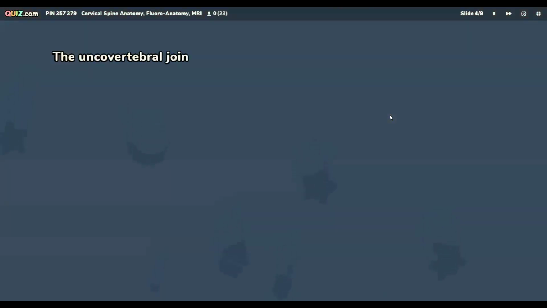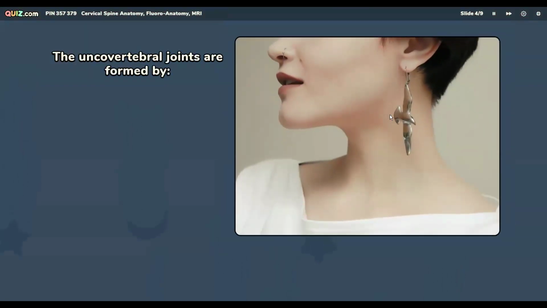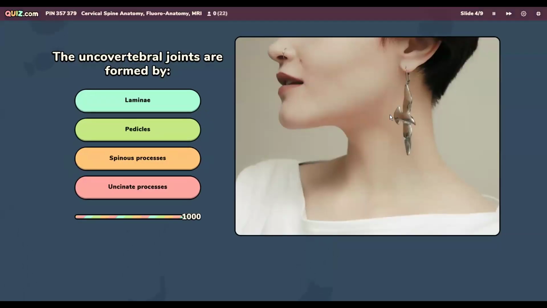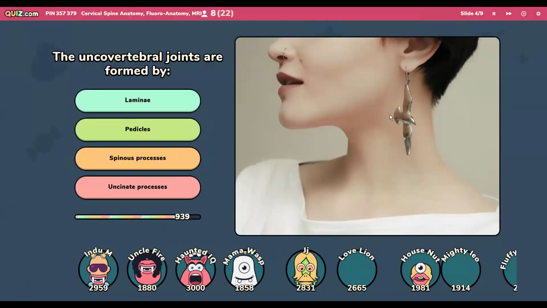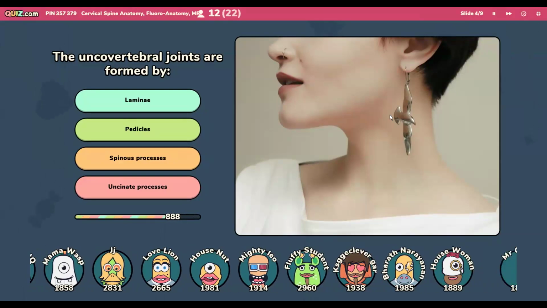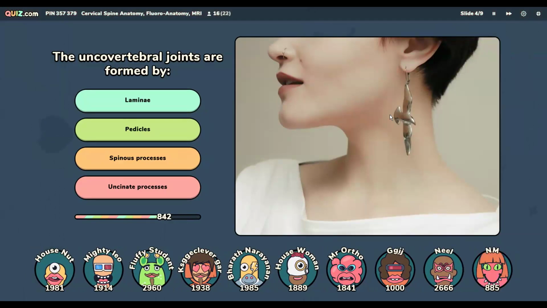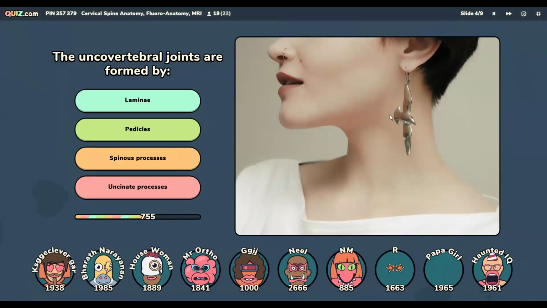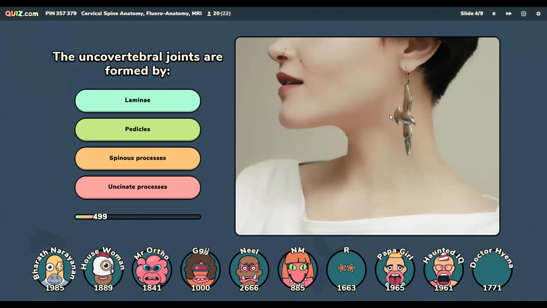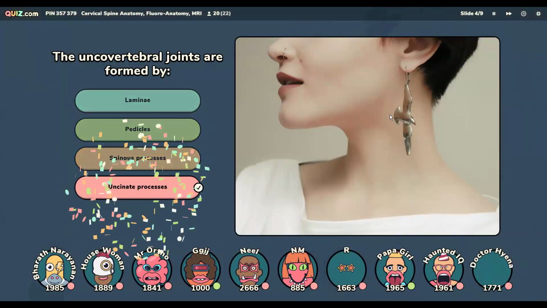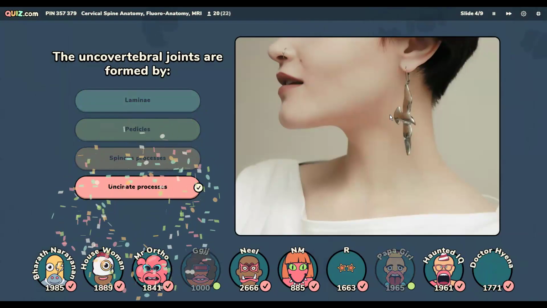The uncovertebral joints are formed by? Uncinate processes.